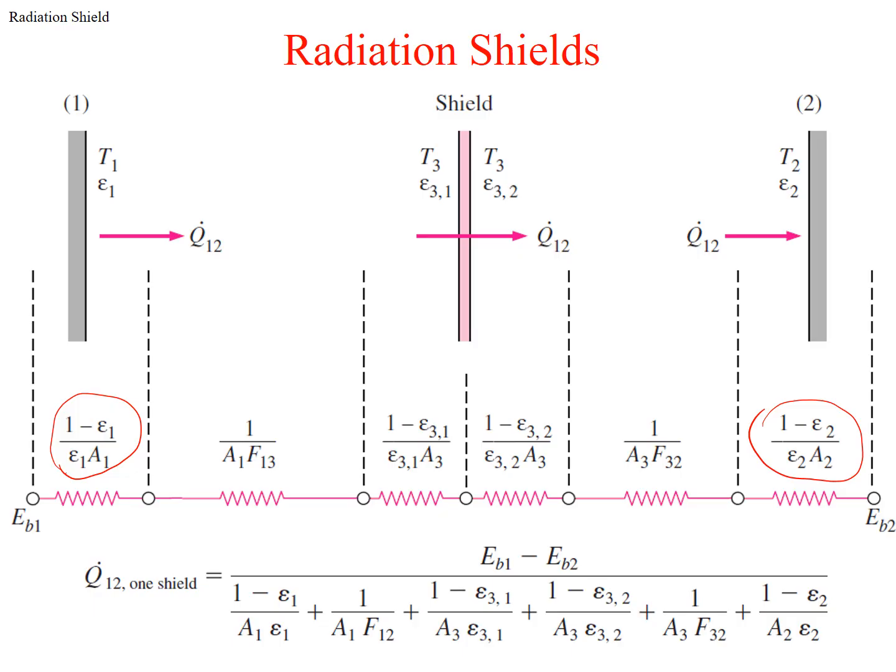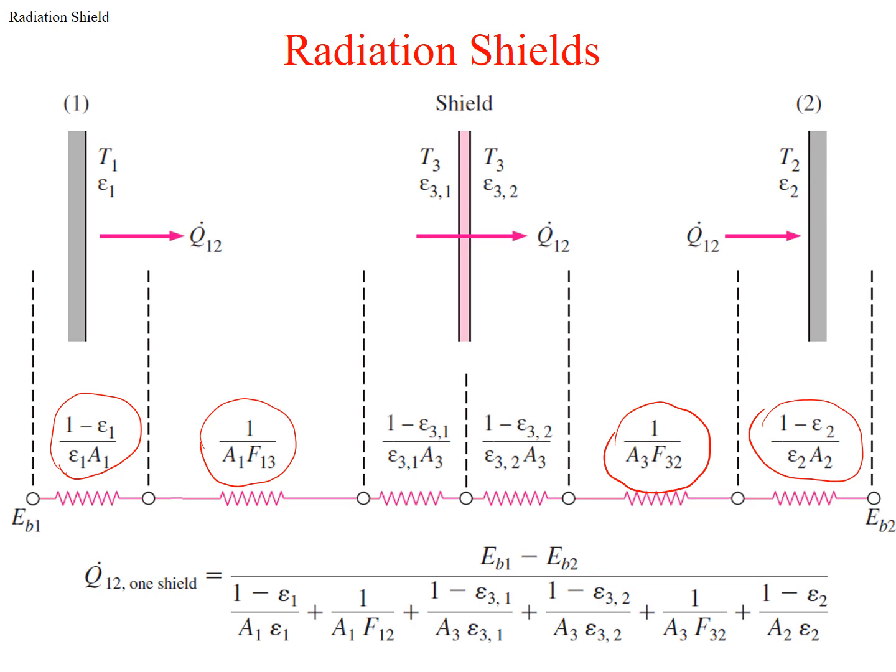So that's why this resistance is going to be 1 over A1F13. And then similarly, surface 2 and 3 are going to be radiating towards one another. Surfaces 1 and 2 don't see each other because there's something in between them blocking radiation. So you're going to have 1 over A3F32 here.